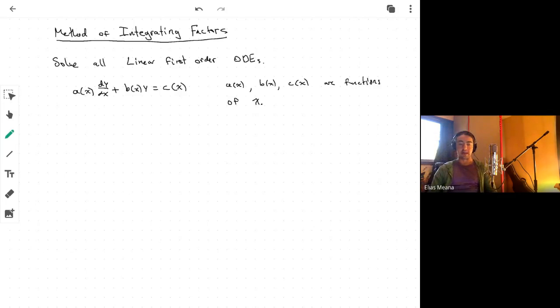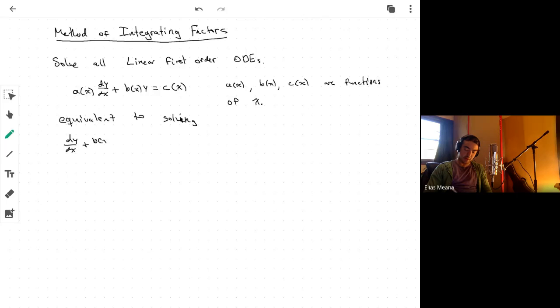We're going to solve all of these. What is typically done, let me make sure the notation is consistent with your book, is you make an observation that solving this differential equation is equivalent to solving the same differential equation, but we divide everything by a of x.